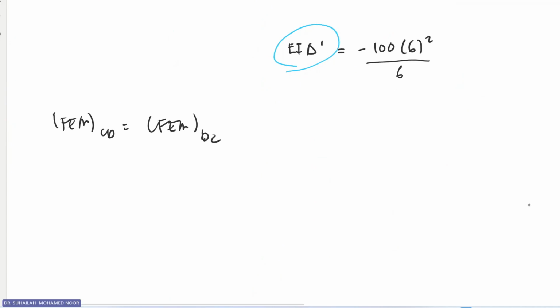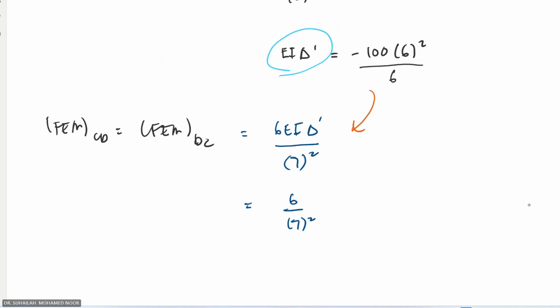For the formula, 6EI, EI is constant. Delta is also delta prime for CD, but L is 7. So it is 6 divided by 7 squared, times EI delta prime, which we substitute.